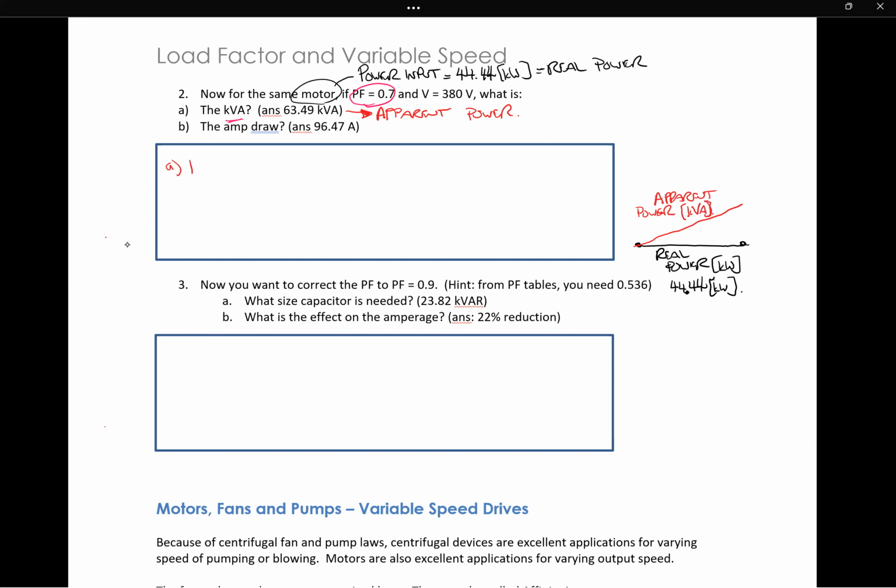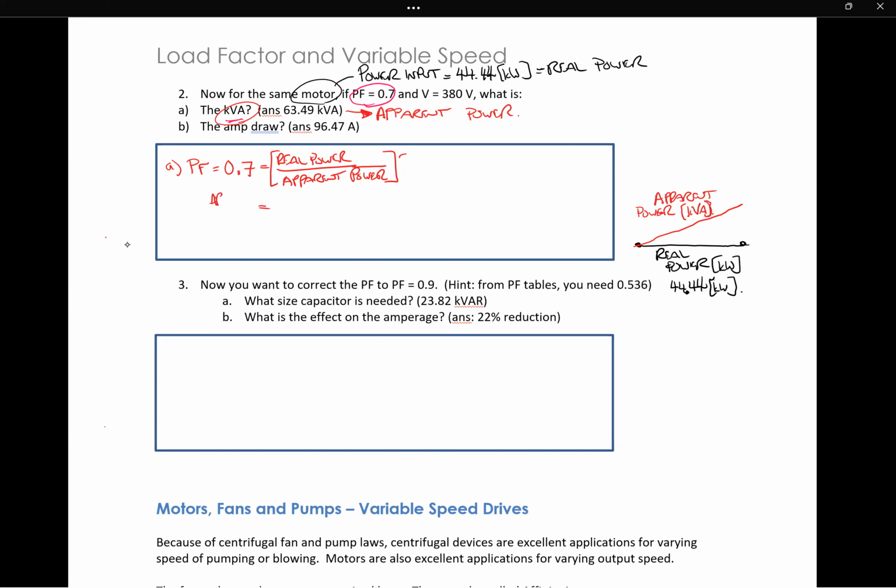In reality, power factor, which in this question is changed to 0.7, is equal to the ratio of real power over apparent power, because this is a right angle triangle. So I can rearrange that equation, in this case solving for kVA, which is apparent power.